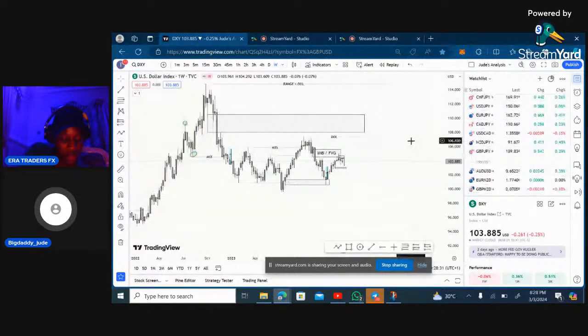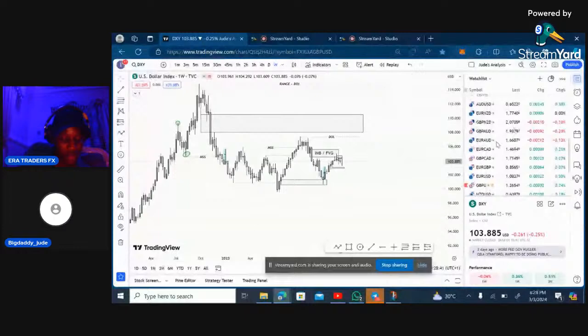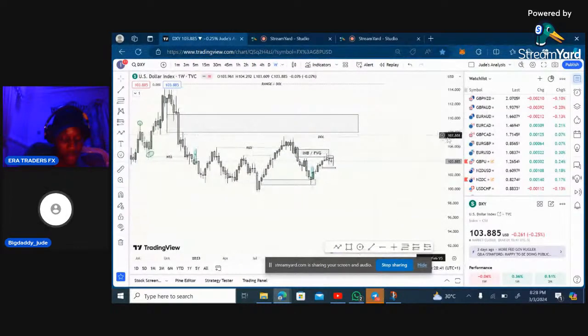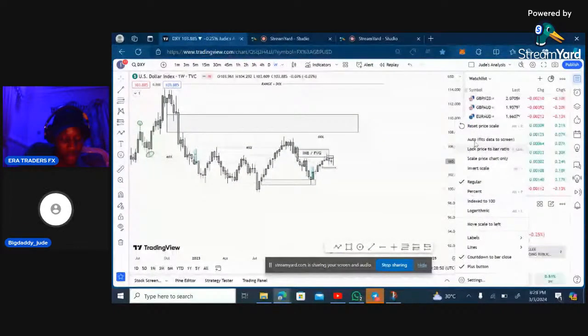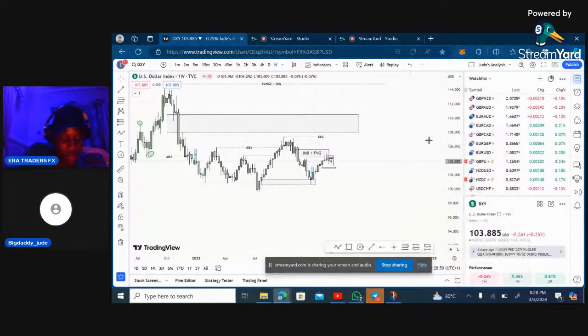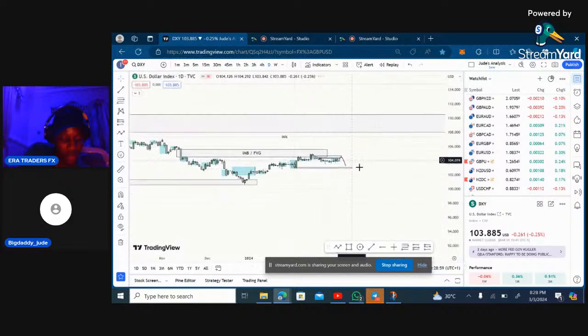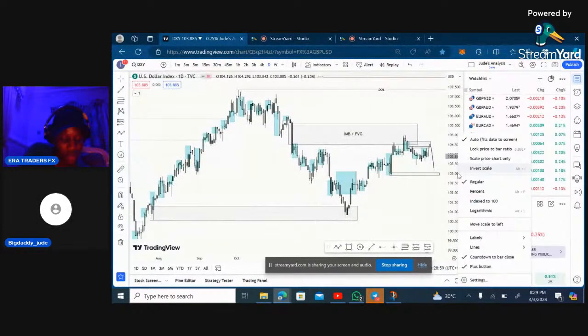But you have an inverse correlation with GU and EU, which is GBP USD and Euro USD. So you can also invert the scale to give you a direct correlation to GU and EU. So I can invert my scale here.